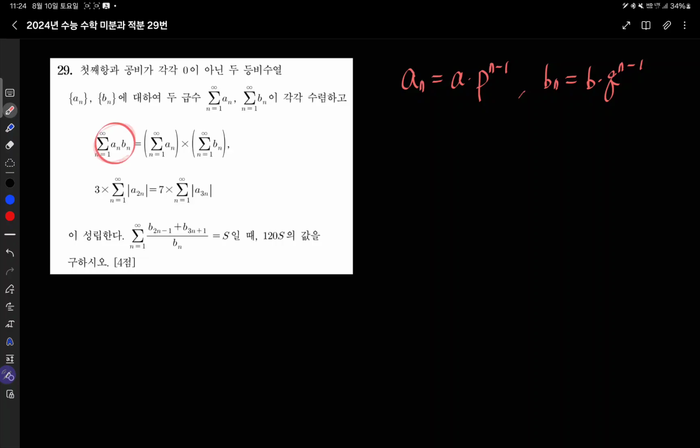So for the first equation, if we multiply both the sequences, the product is AB times P times Q to the power of n minus 1.